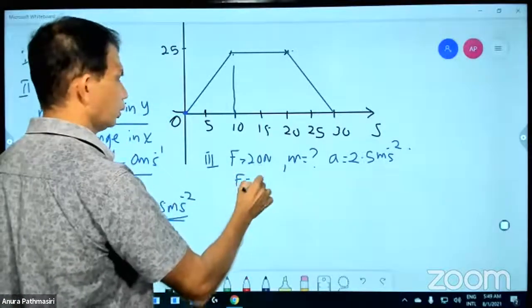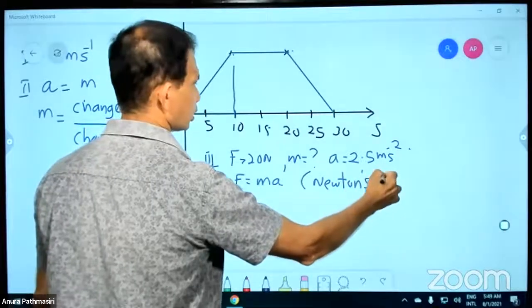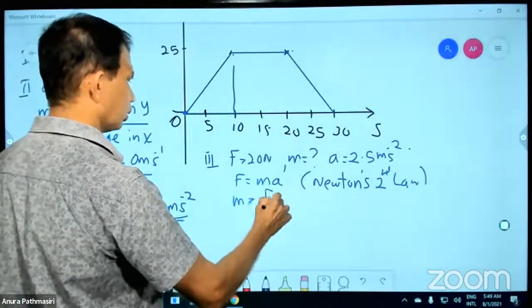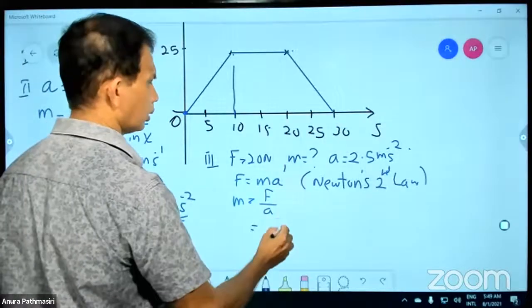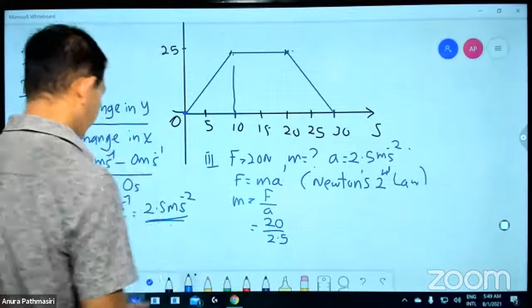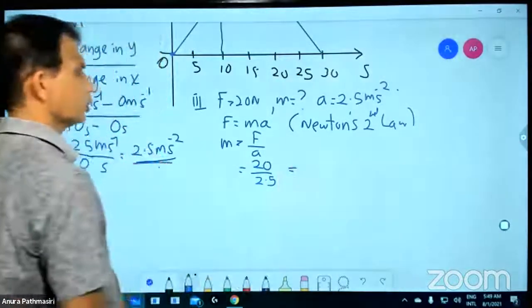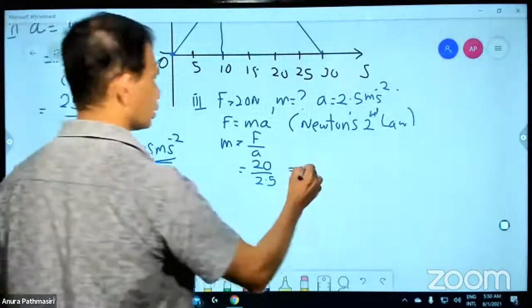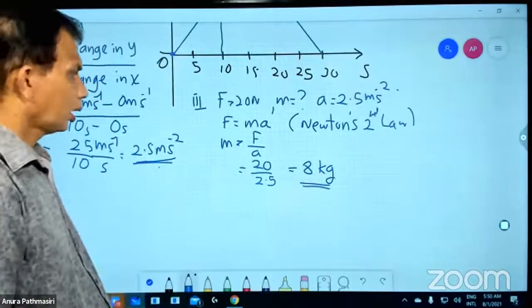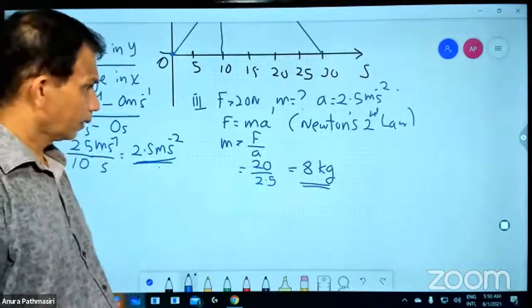Newton's second law. Then we can write m equals F divided by a, which is 20 Newtons divided by 2.5. The answer is 8 kilograms.